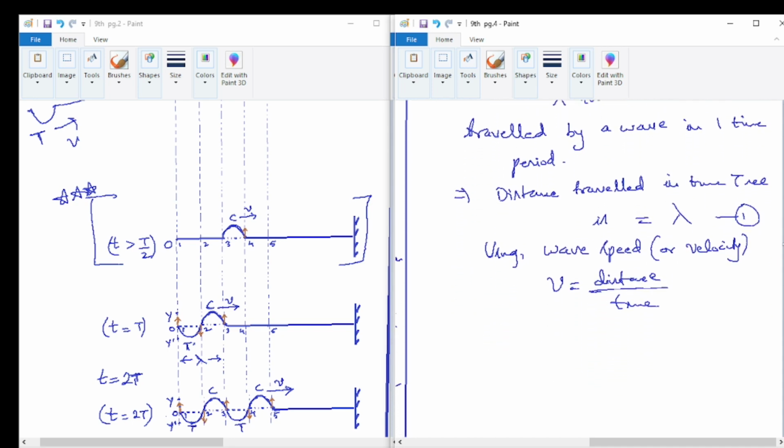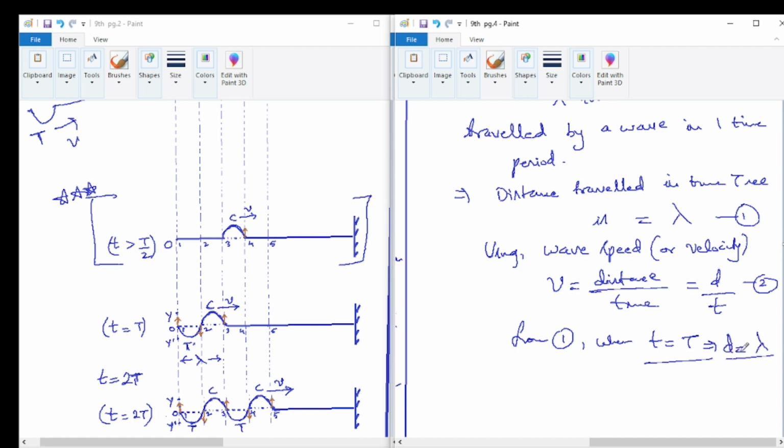So now considering the regular equation for wave speed or velocity, distance by time, which can be written as d by t. Now apply this in the definition. So in a time equal to t seconds, what is the distance traveled? It's nothing but lambda. Call this equation 2. So from 1, when the time of travel is exactly t seconds, what is the distance traveled?